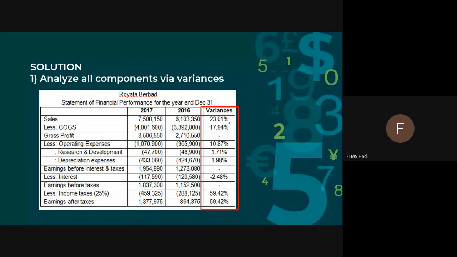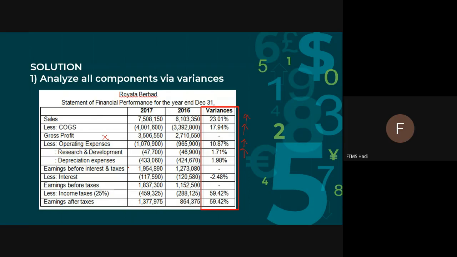Sometimes you might find that this is a positive variance. Positive variance means that from 2016 to 2017 it is going up, that means an increase. Same procedure: this one minus this one, and then divided by this one. As you can see here, gross profit, no need.